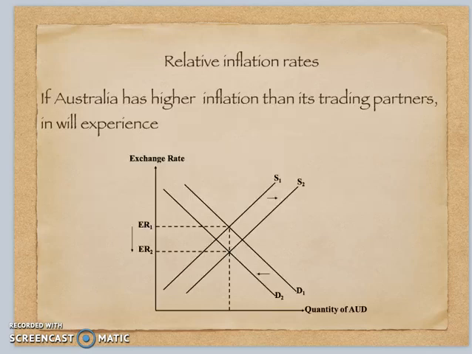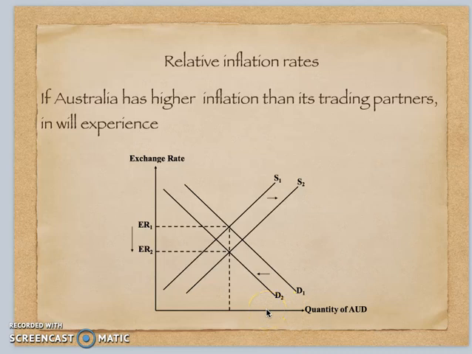Assume Australian dollar has higher inflation than the rest of the world. The effect of this will be a decrease in demand for exports as Australian prices become less competitive on world markets. Therefore, this will decrease the demand for Australian dollar and the demand curve will shift left, D1 to D2.